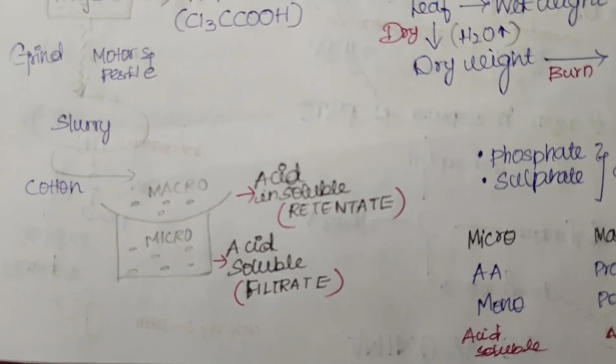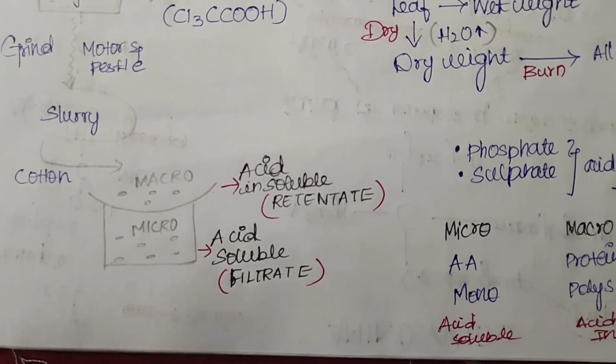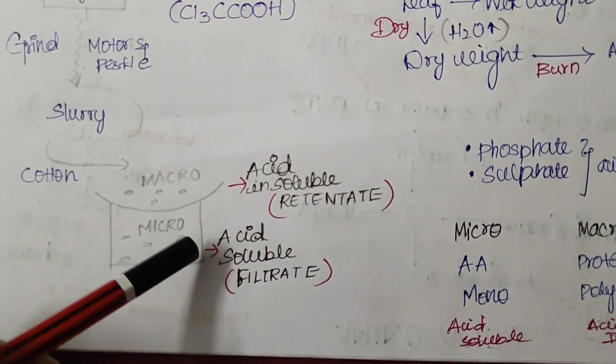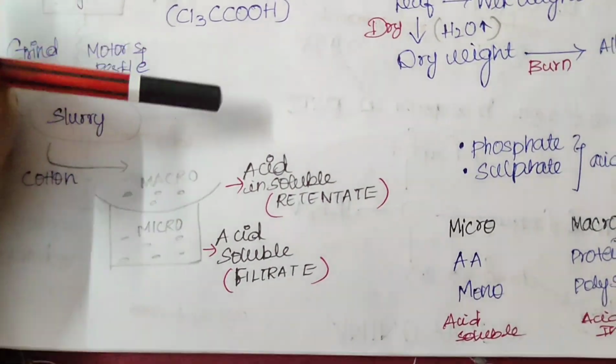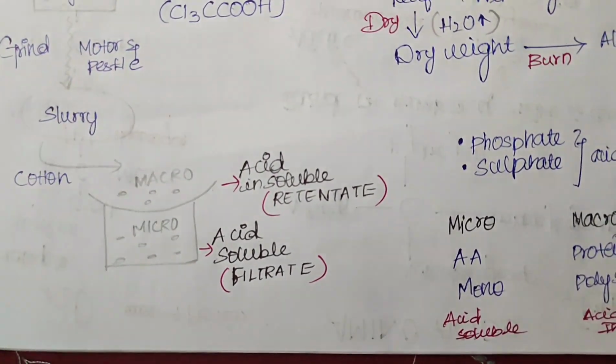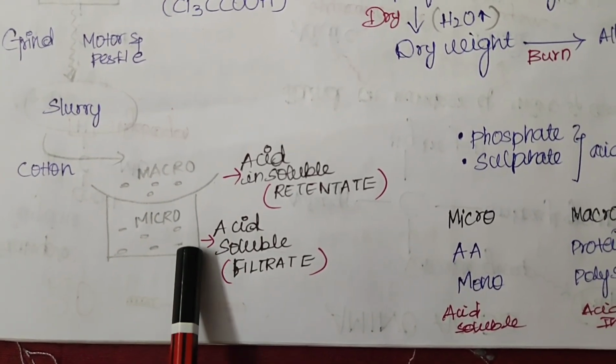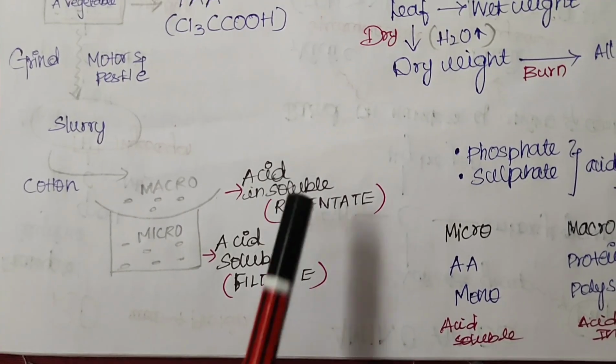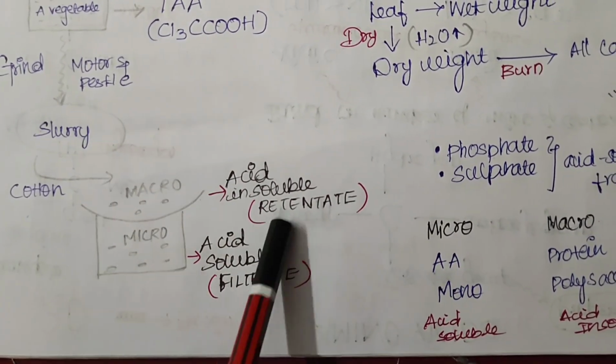Okay, now we are getting it. The particles in the filtrate are called micromolecules, and the particles remaining in the retentate are called macromolecules. The micromolecule fraction is called acid soluble or filtrate, and the macromolecule fraction is called acid insoluble or retentate.